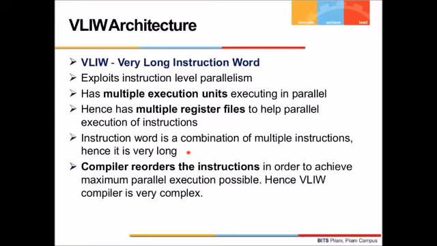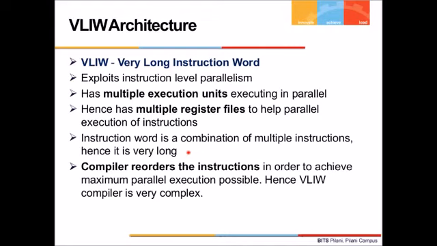Now we have seen that there are cases where there are dependencies between instructions, right? One instruction is dependent on another, which is dependent on another. So it is not necessary that all the instructions can be executed in parallel. So there should be some way to find out which instructions can be executed in parallel and which cannot. This is the job of the VLIW compiler.